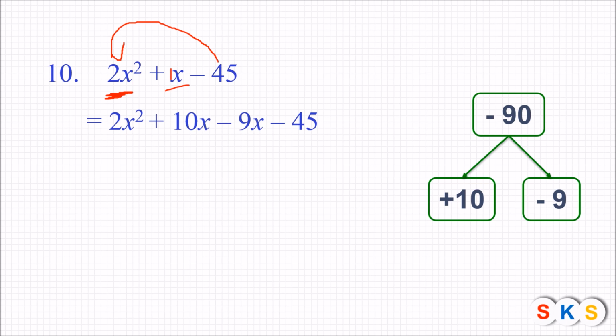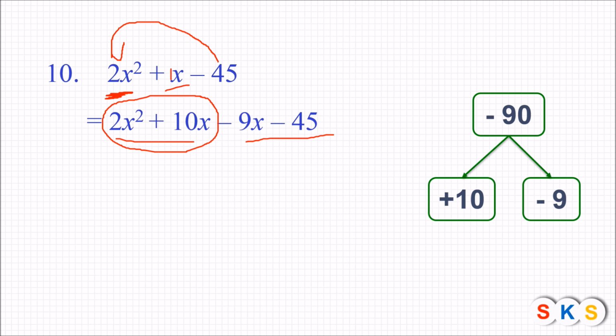After splitting the middle term, we will make a group of binomial. This is your first group of the binomial, and this is your second group of the binomial. What is common in this group? 2x. Okay, here 2x is common because 2x square means 2 into x, and 10x you can write as 2 into 5 into x.